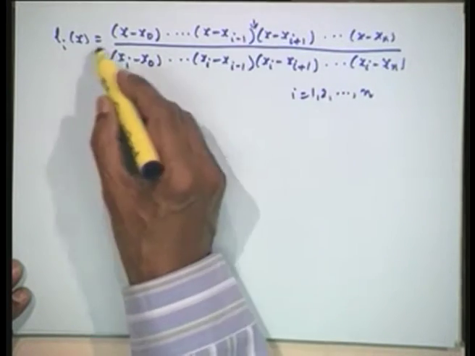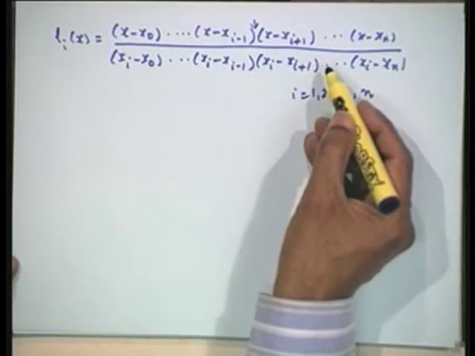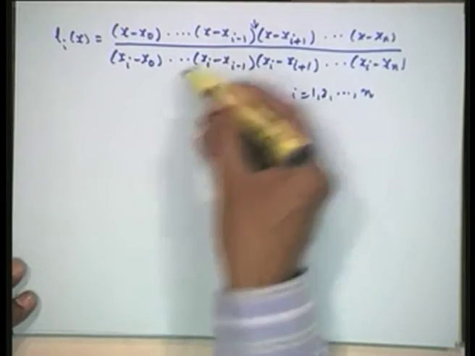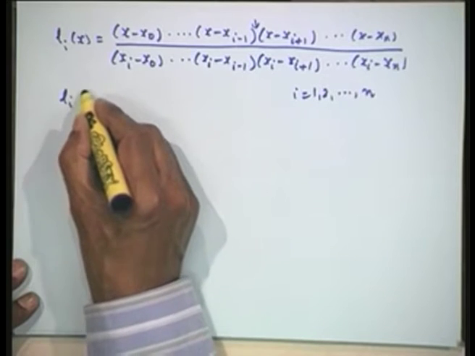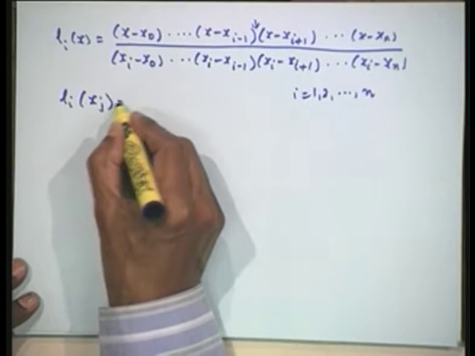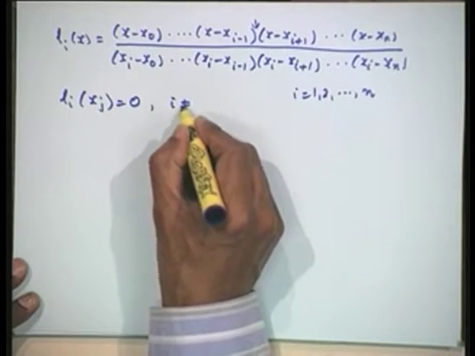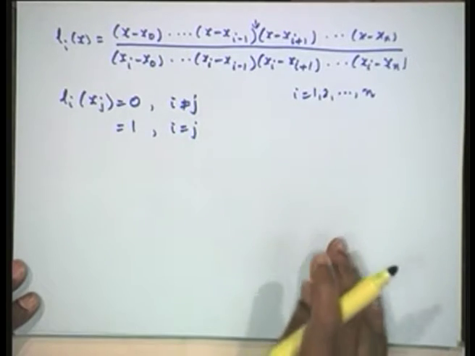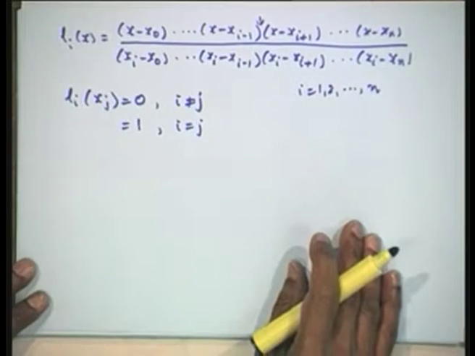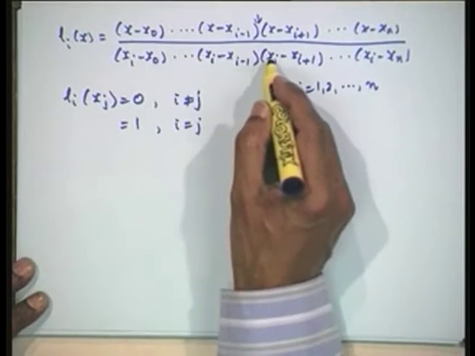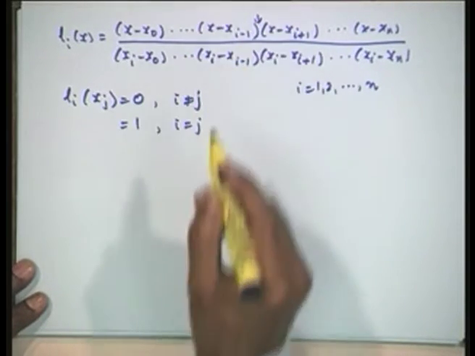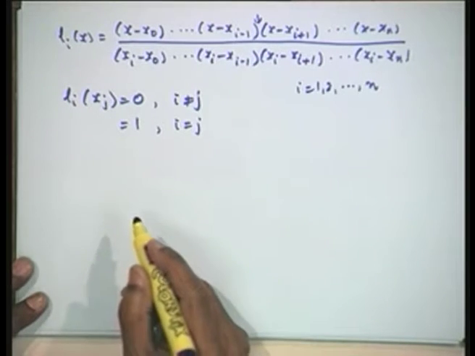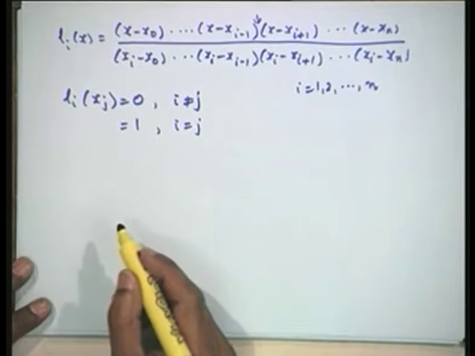Therefore, when x is equal to xi, the numerator is same as the denominator, therefore it cancels. Therefore, this satisfies the property that Li(xj) is equal to 0 for i not equal to j, and this is equal to 1 for i equal to j. Therefore, this is itself the Lagrange fundamental polynomial that is required in the construction of the Lagrange interpolating polynomial.